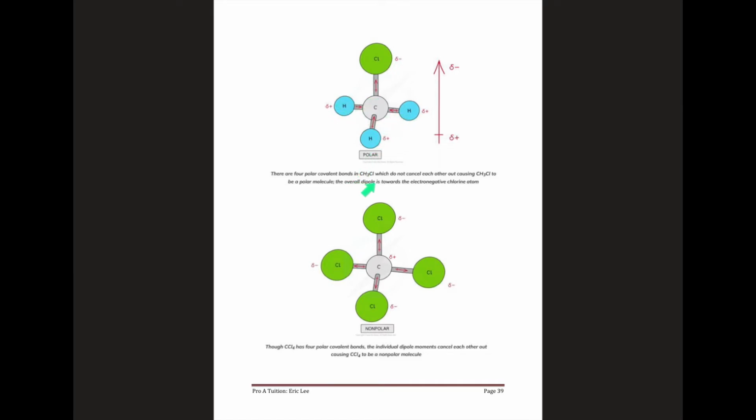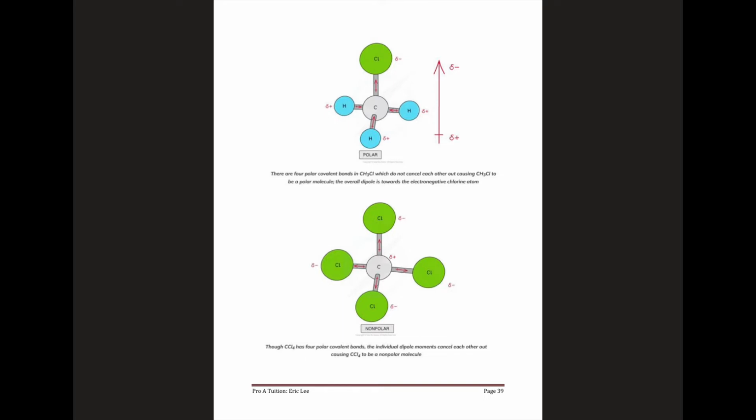So the overall dipole is towards the electronegative chlorine atom. One pull, the dipole moment is here, and this one is up. So overall it's going up. So it is a polar molecule.